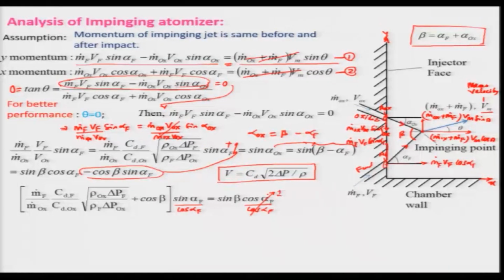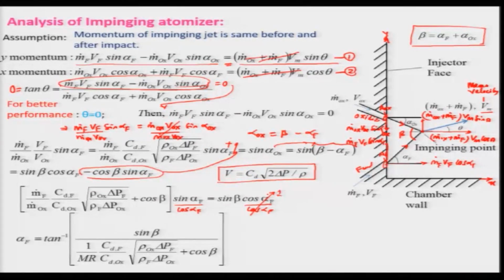So, I will get an expression for tan alpha f, or simply alpha f, as tan inverse of sin beta divided by this expression. Keep in mind that if I know beta, which generally people take as 90 degrees for better atomization performance, and if I can choose the CD values and I know the mixture ratio and other things, I can get this alpha f very easily.